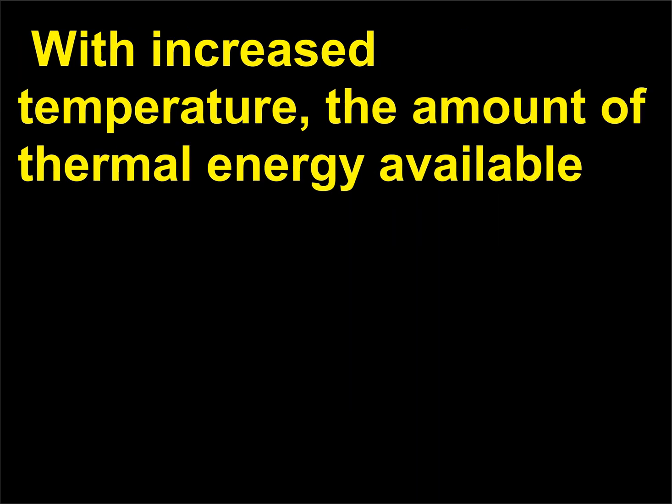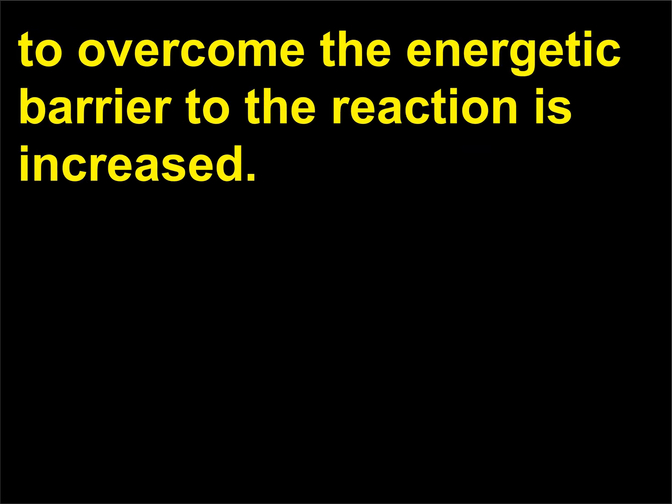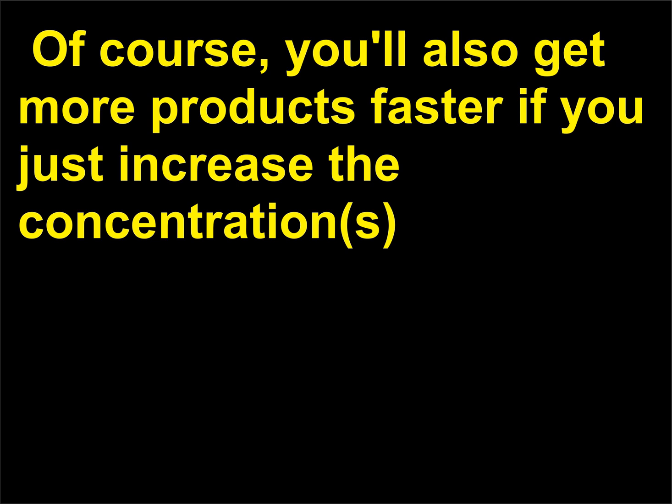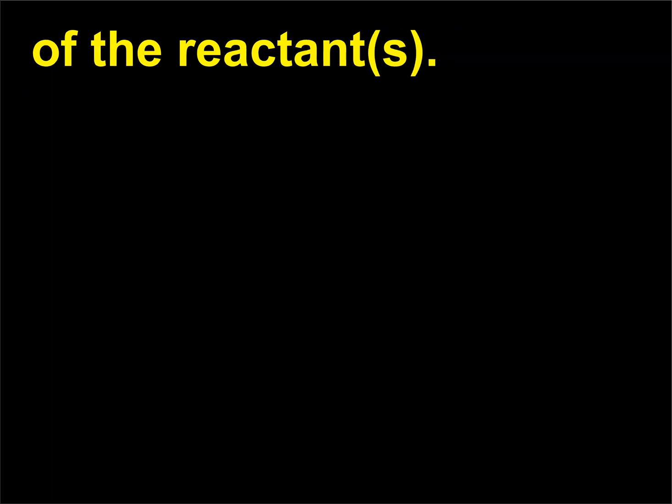With increased temperature, the amount of thermal energy available to overcome the energetic barrier to the reaction is increased. Of course, you'll also get more products faster if you just increase the concentration, S, of the reactant, S.